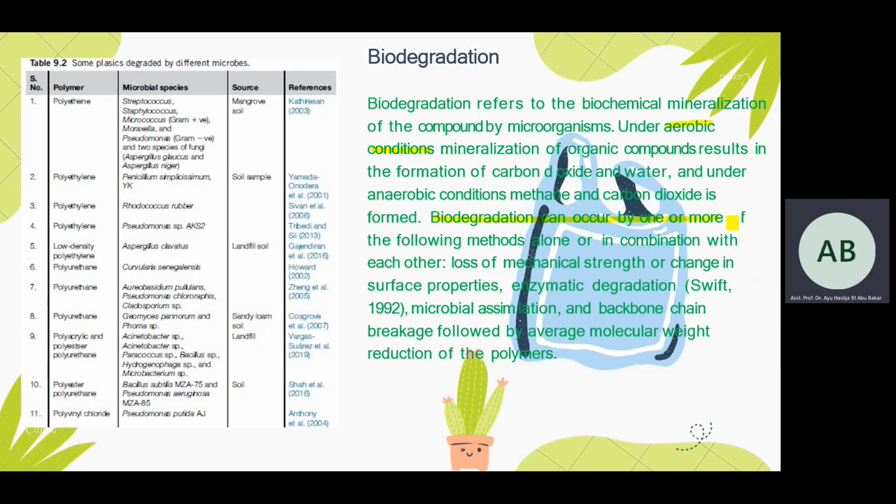Biodegradation can occur by one or more of the following methods: loss of mechanical strength or change in surface properties, enzymatic degradation, microbial assimilation, and backbone chain breakage. We have gone through the enzymatic degradation. The rest, we have not touched yet.